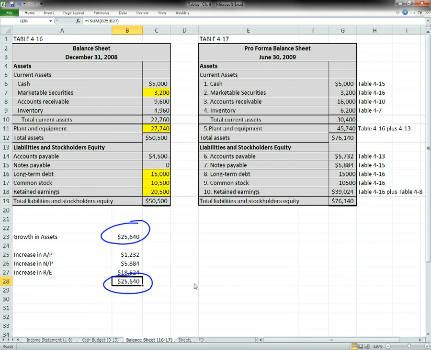So we can look here and see how we're planning to finance this growth. Some of it's through internal retention of earnings. Some of it's by borrowing from our suppliers. Some of it's by this note payable, presumably a bank note. We're going to borrow some from the bank. All of those together will be used to finance the growth in the assets.